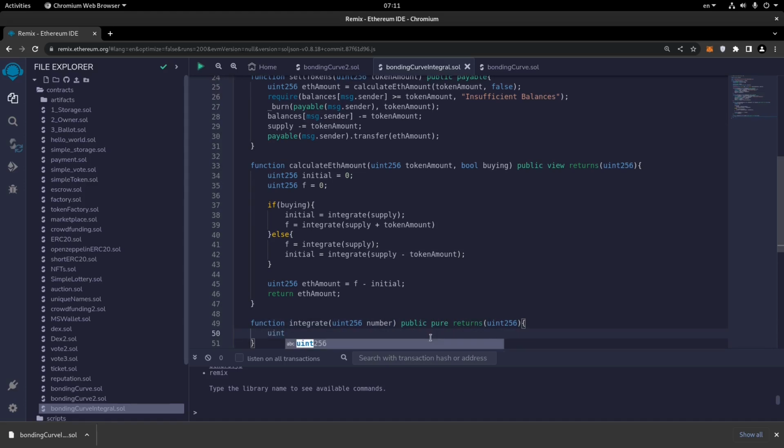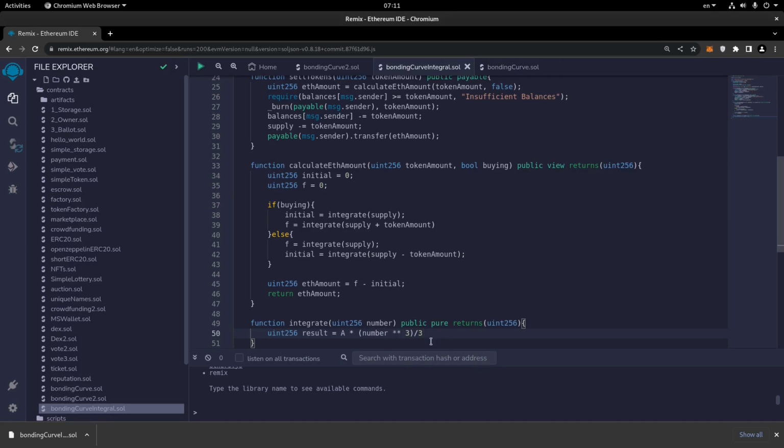So uint256 results, and this is the formula of an integral, right? So a multiplied by number to the power of 3. I will explain why this is happening. So power is written this way: 2 multiplications in Solidity will be the power, actually. And divided by 3.